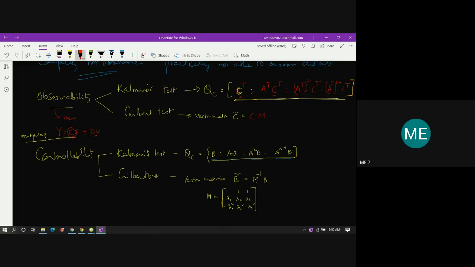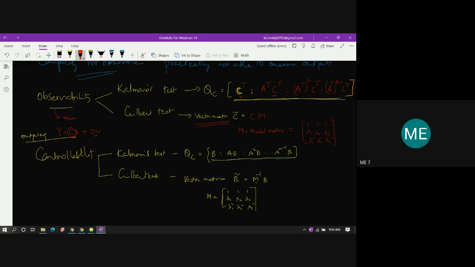C cap is equal to C into M, where M is the model matrix. M is written with the eigenvalues as 1, 1, 1, lambda 1, lambda 2, lambda 3, lambda 1 square, lambda 2 square, lambda 3 square, and so on.